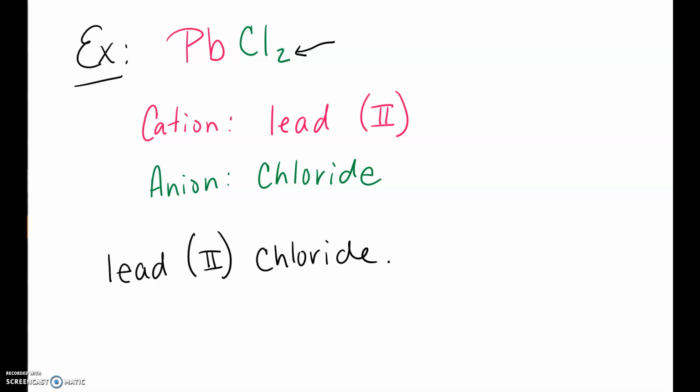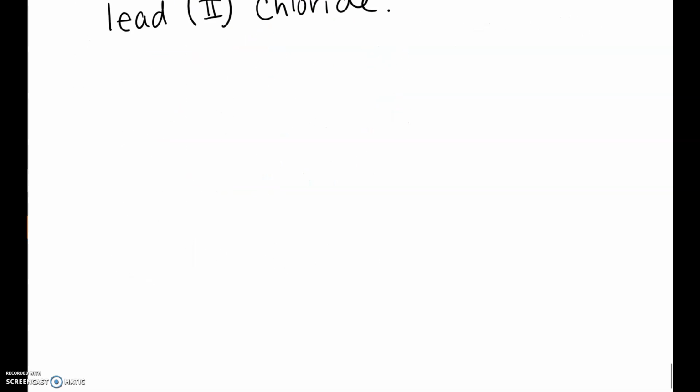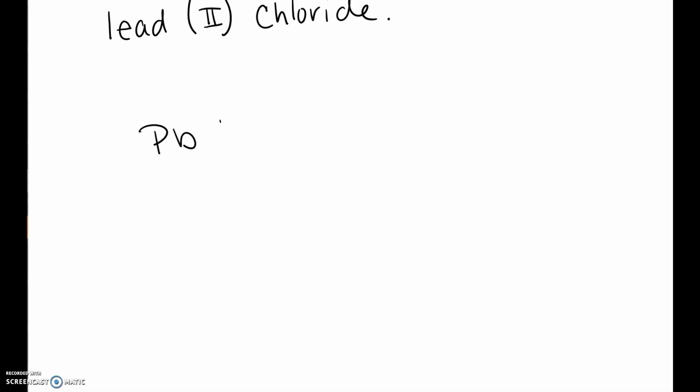This subscript right here tells us the charge of the other ion. So remember, we have Pb, or lead. It's an ion, but we don't know the charge yet.